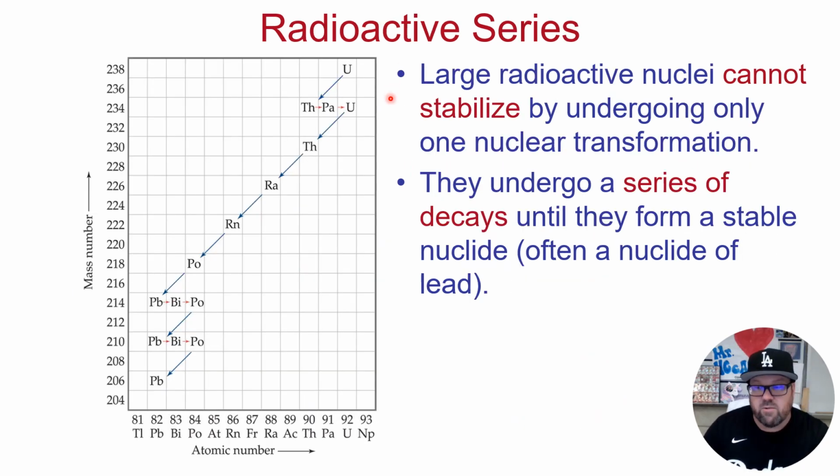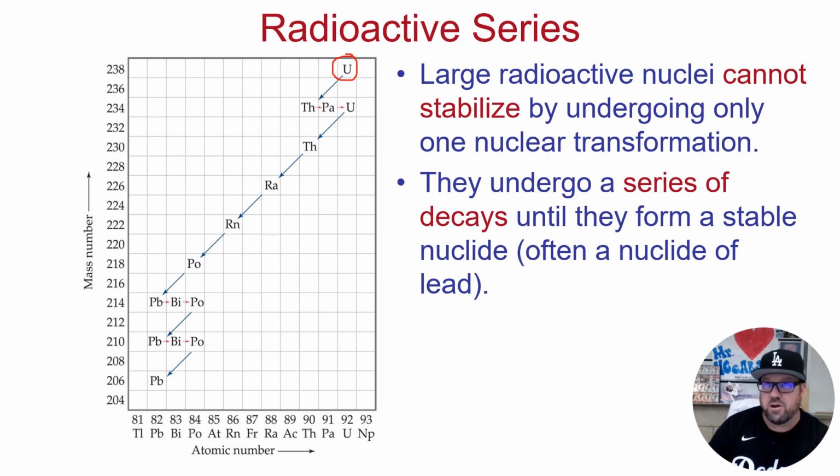All right, now a radioactive decay series is simply a series of nuclear decay processes. So, if we start with uranium-238 or 235, depending on what chart this is, large radioactive nuclei cannot stabilize by undergoing only one nuclear transformation.